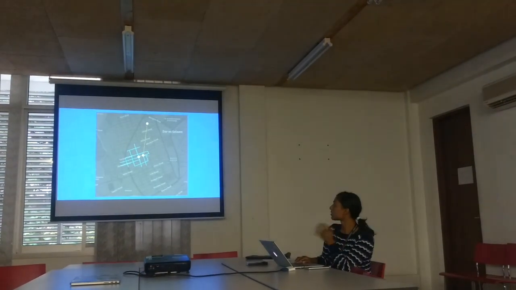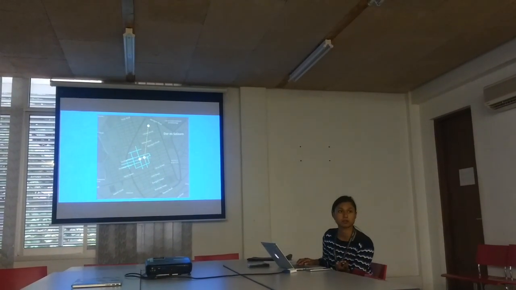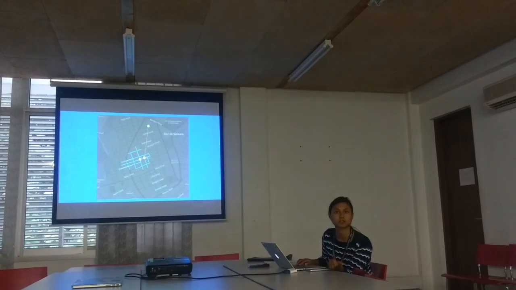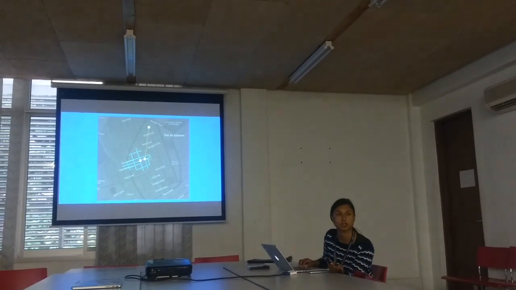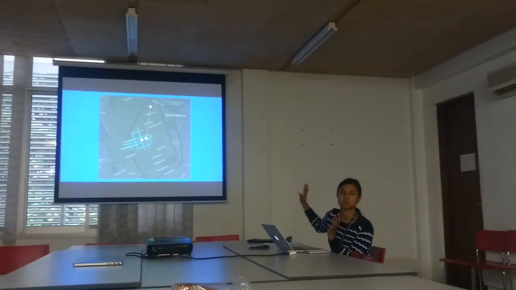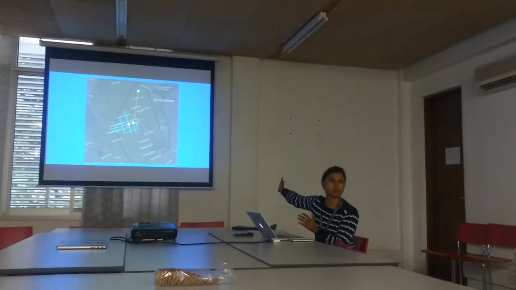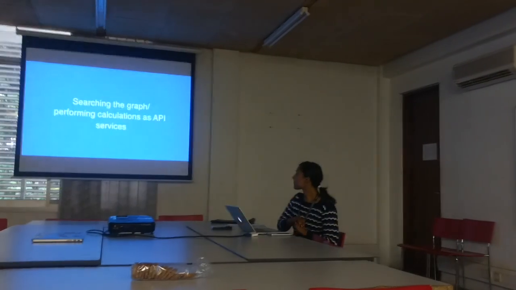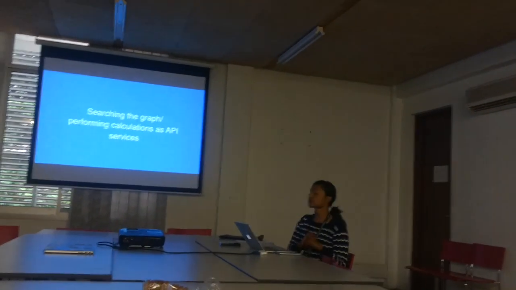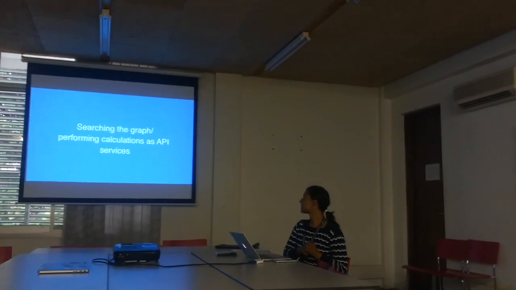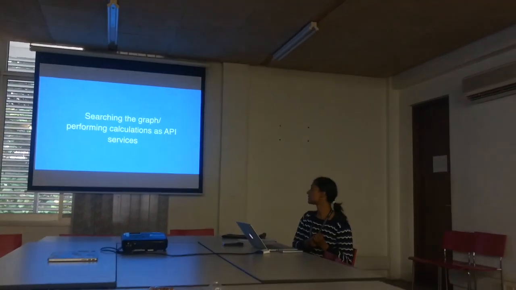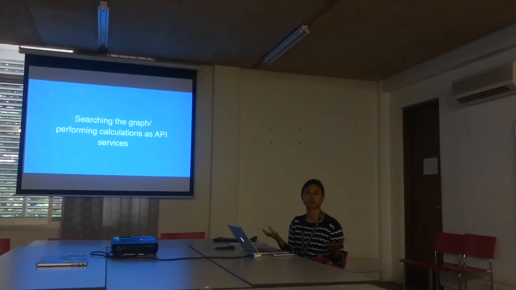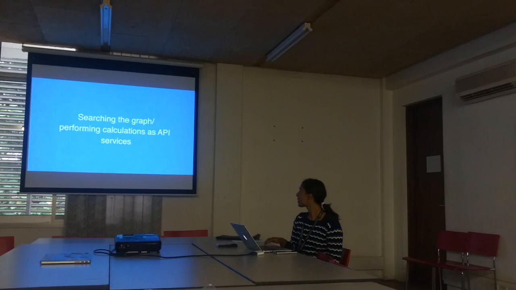Okay, and so OSRM has two shortcut algorithms. One of them is called multi-level Dijkstra, and the other one is called contraction hierarchies. And I haven't gone into them here, but we can talk about them later if you want. Okay. So now we've created the graph, and we can search the graph, or we can perform calculations on the graph now.